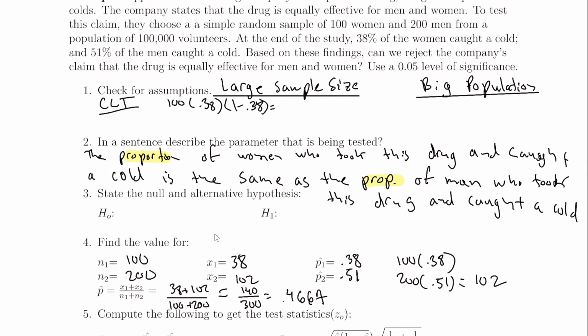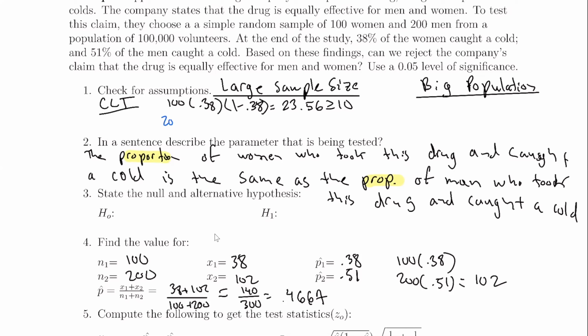So if I do 100 times 0.38 times 1 minus 0.38, we get 23.56, which is definitely greater than 10. So for my first population, we did have a large sample size. I want to see if the second population also had a large sample size. So let's do that in a different color. We'll do it in blue.